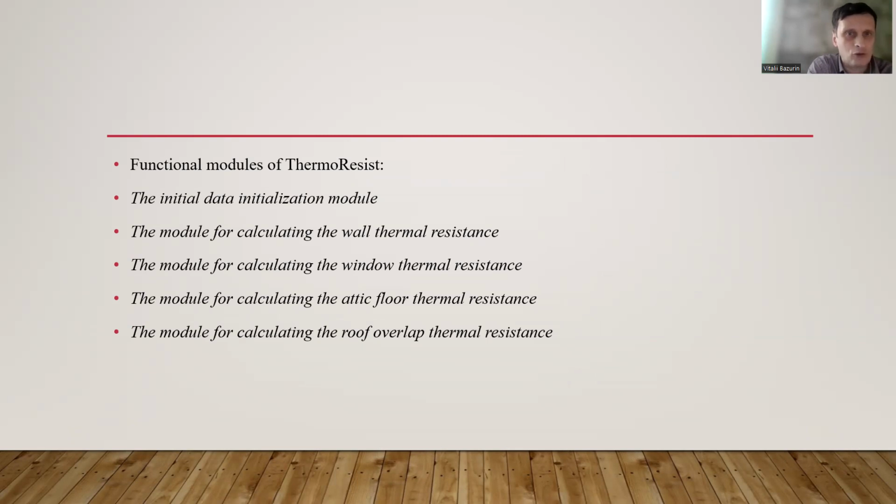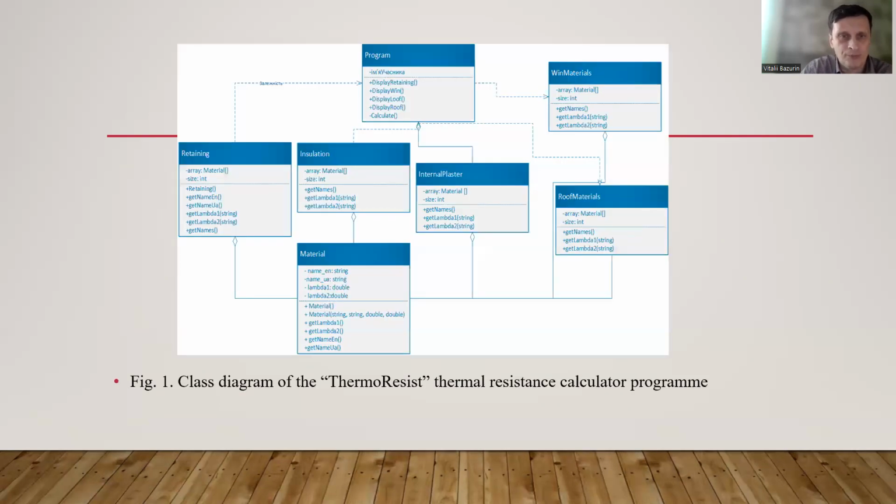Functional model of ThermoResist: the initial data initialization module, the module for calculation of the wall thermal resistance, the module for calculation of the window thermal resistance, the module for calculation of the attic floor thermal resistance, the module for calculation of the roof overlap thermal resistance.